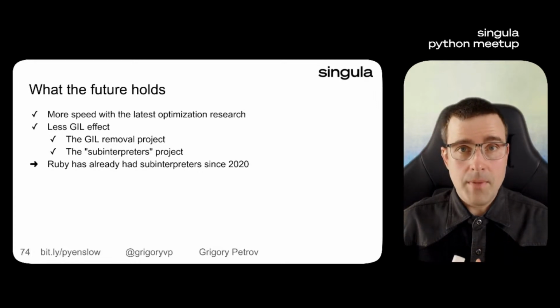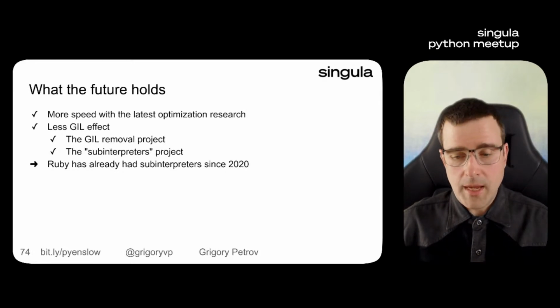This means that all libraries that share data between threads are incompatible with sub-interpreters by default. Also, the implementation of sub-interpreters in Ruby had the same global interpreter lock for all threads.